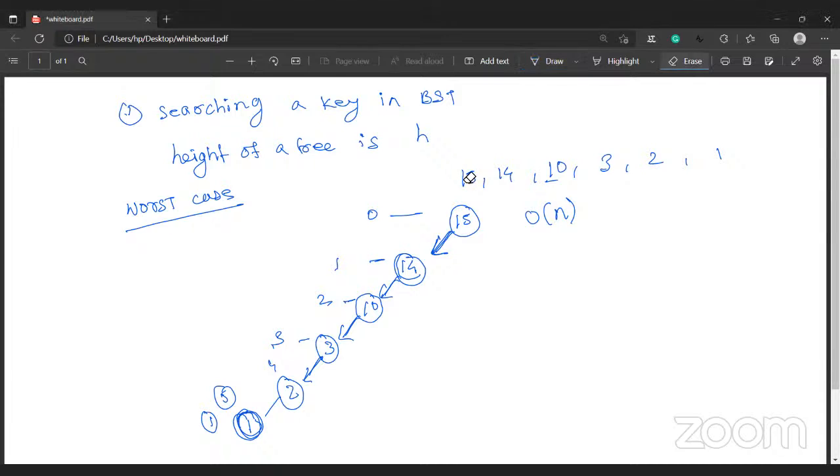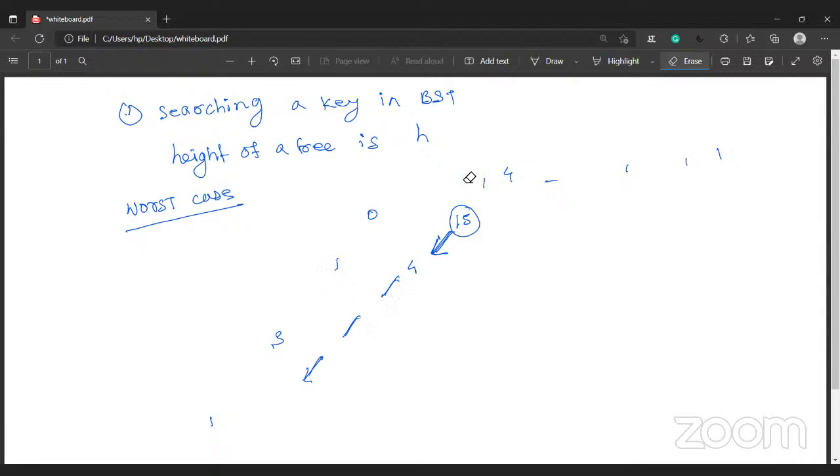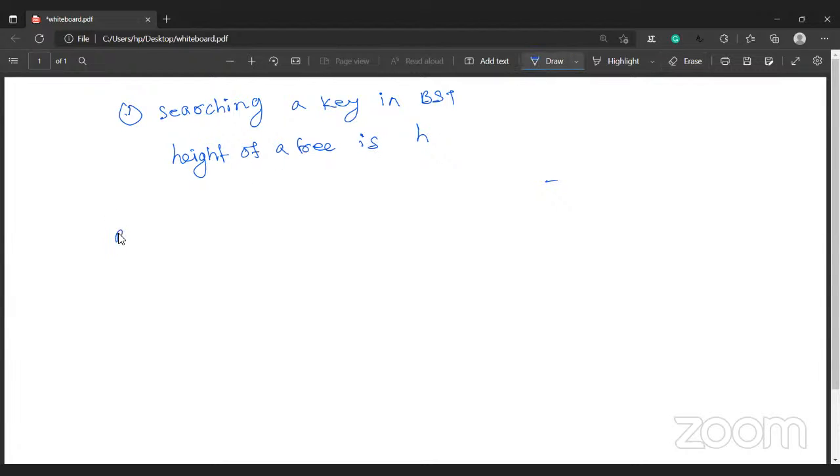Okay. And this is the worst case, and the best case will be if there is a balanced binary tree.